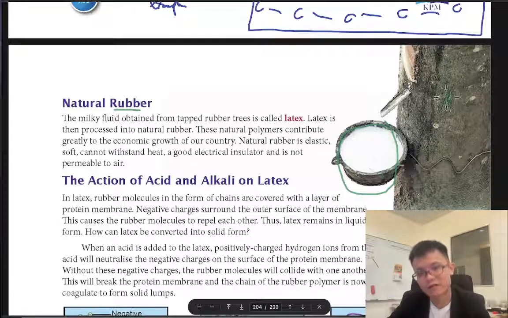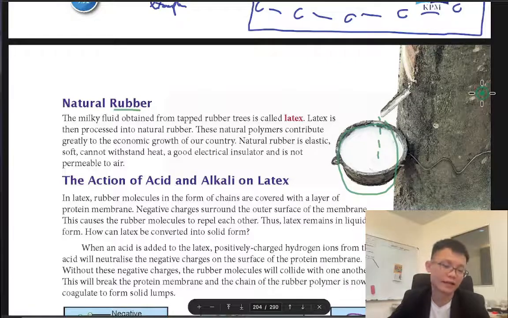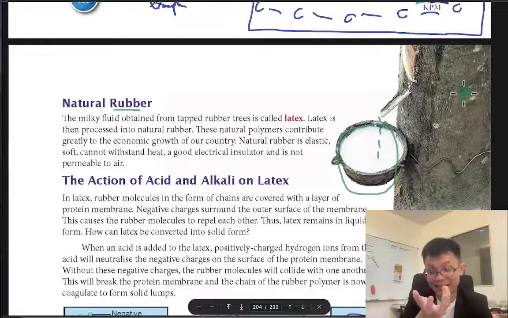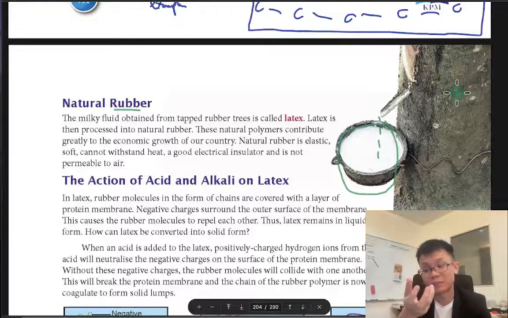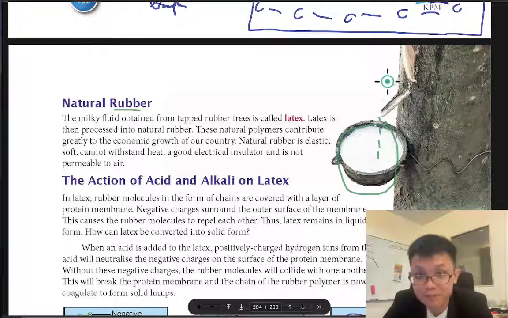You let it, of course the water will come out, okay, but after you wait for tomorrow, it will become like a jelly. So usually a polymer is like a jelly lah, a long chain, so it will become like a jelly. So this thing is also called latex. So you get the latex from the rubber.